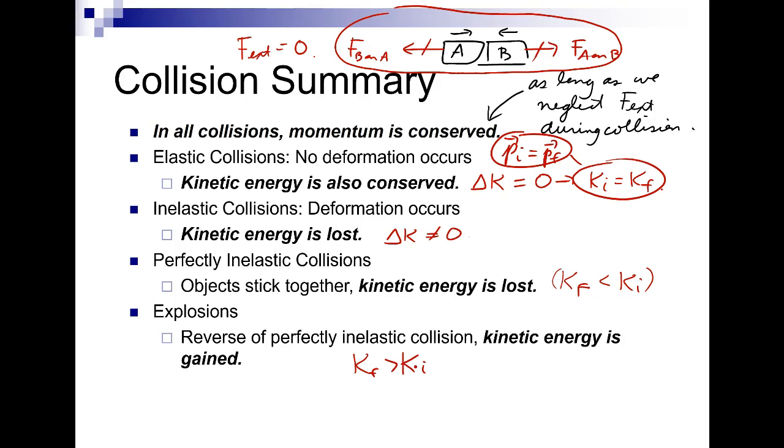Okay, so now let's look at some examples. First of all, here's a 1D problem where we have a 1.5 kilogram cart traveling at 1.5 meters per second. So we'll call that M1 and V1 initial.